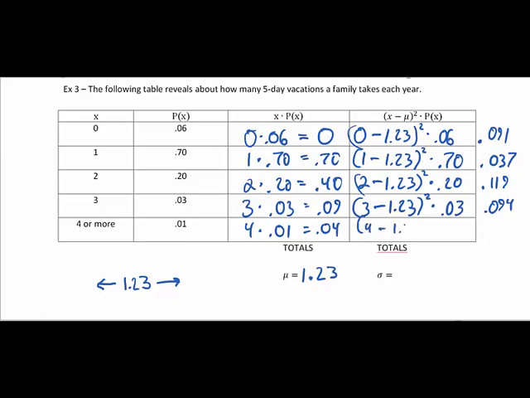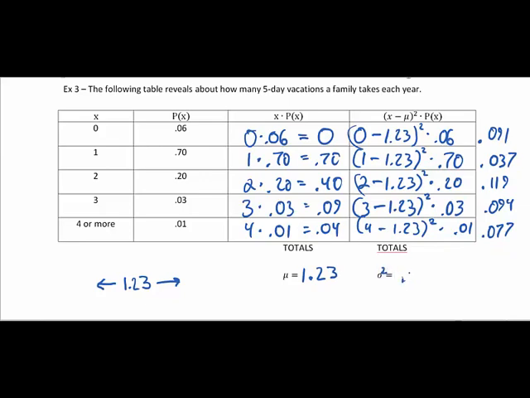Finally, 4 minus 1.23, quantity squared, times 0.01. Don't know why I just dropped parentheses right there. Just trying to keep everything consistent. There we go. That is going to give me 0.077, or 77 thousandths.